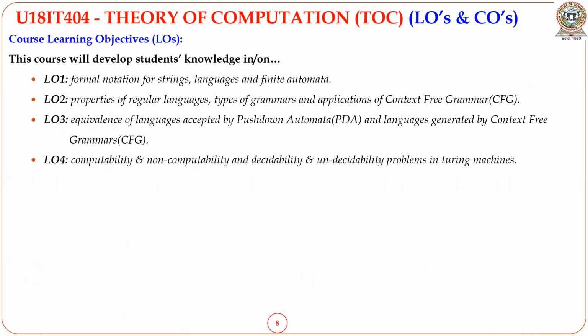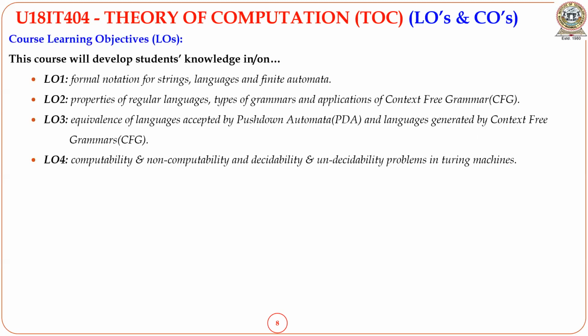Lecture outcomes of this subject: the course will develop students' knowledge in formal notation for strings, languages, and finite automata. Lecture outcome 2 is properties of regular languages, types of grammars, and applications of context-free grammar.